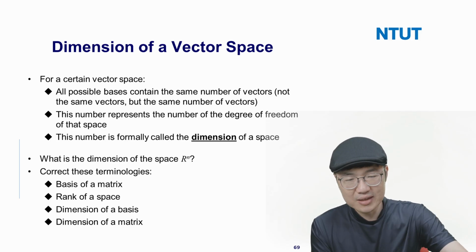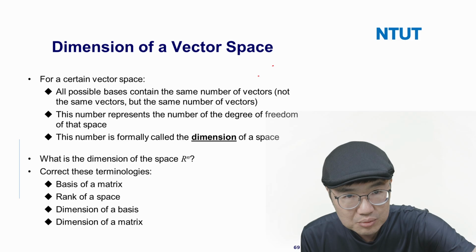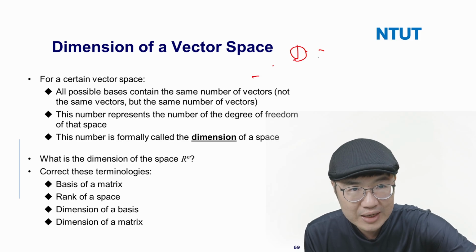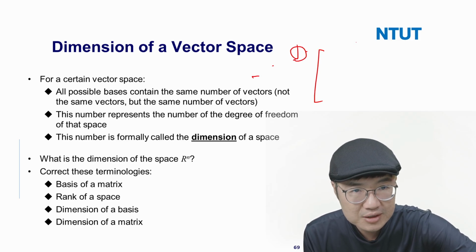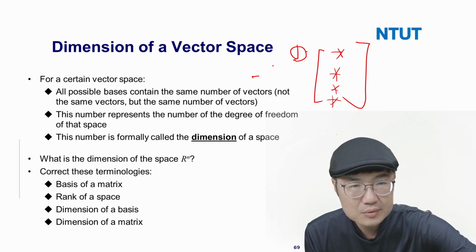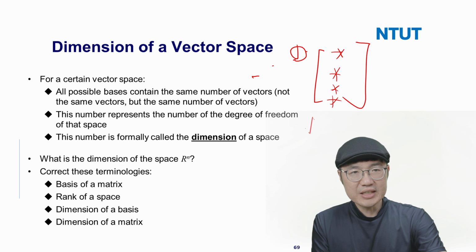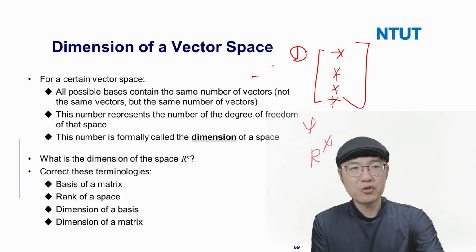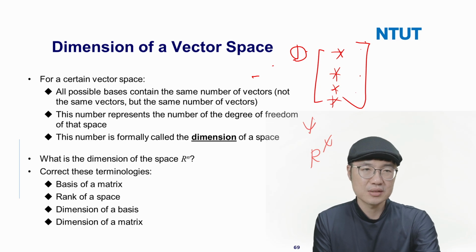Let me tell you what we did before and what is different at this stage. Everybody knows this vector is from R4, and the reason to call it R4 is to count the number of entries.